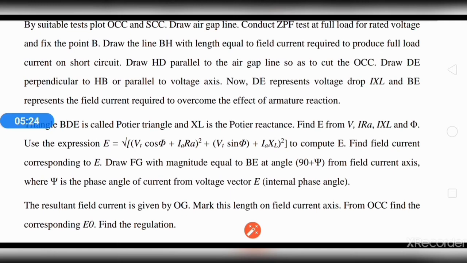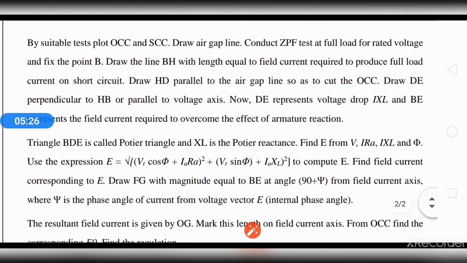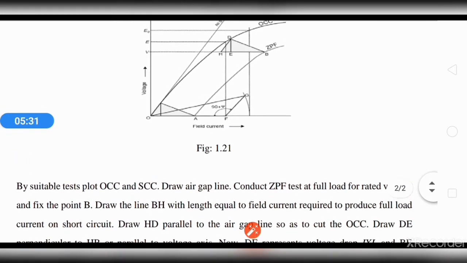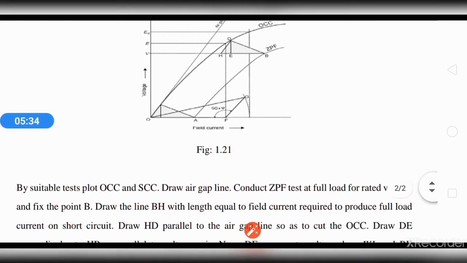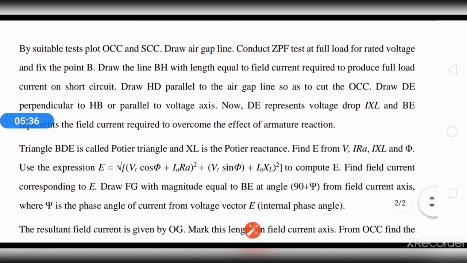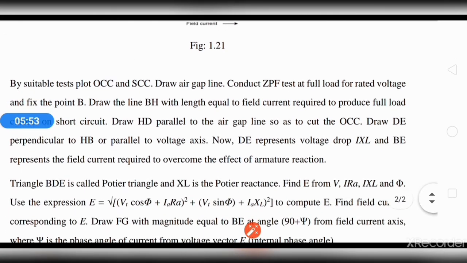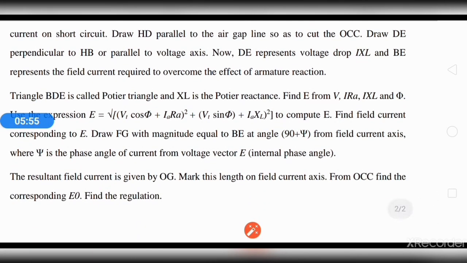To do this, we have to draw FG with magnitude equal to BE. FG is drawn with a magnitude equal to BE, at an angle of 90 plus phi from the field current axis, where phi is the phase angle of the current from voltage vector.